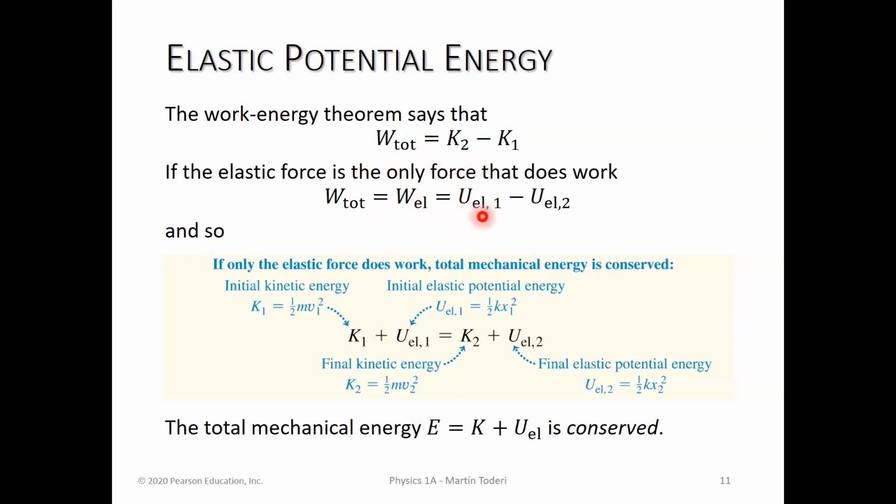and we define it as the elastic energy at point 1 minus the elastic energy at point 2. And we can apply the same reasoning as before if we equalize these two expressions.